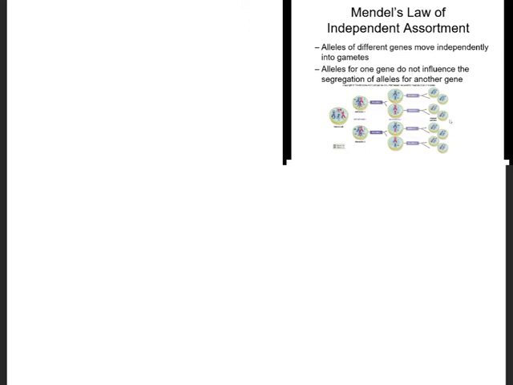In these scenarios it's showing you the different combinations that you can have, mainly that you can have the round yellow, or the green wrinkled, or the round green or the wrinkled yellow. And basically the shape of the pea does not influence the color of the pea. And that's because these genes are on separate chromosomes, and due to independent assortment, they assort themselves independently of each other.